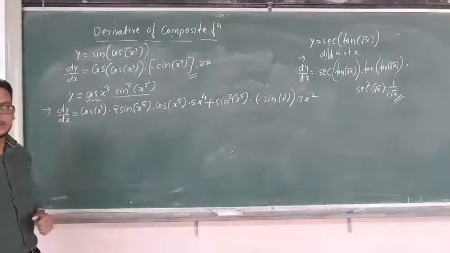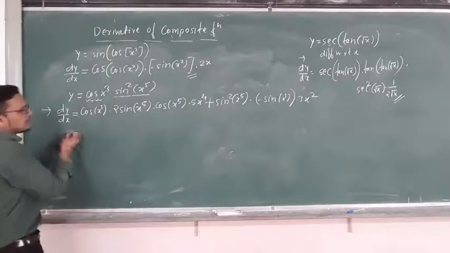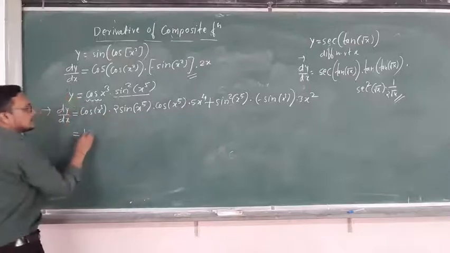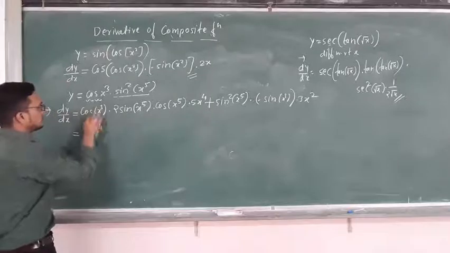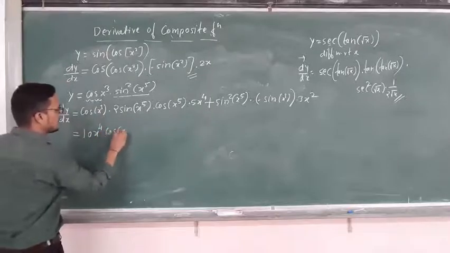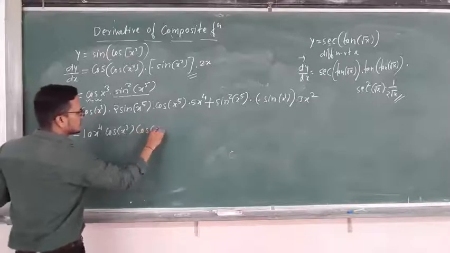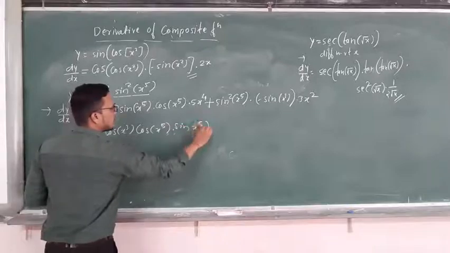The solution is a little lengthy compared to the previous questions. Now simplify this. 2 into 5 is 10x⁴, cos(x³), cos(x⁵), sin(x⁵).